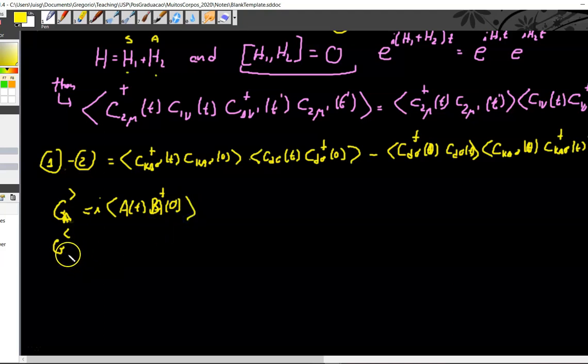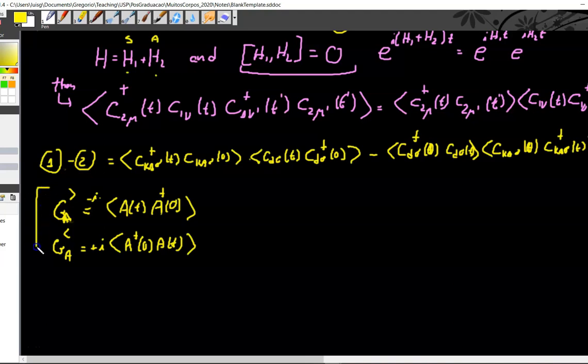And the lesser Green's function for an operator A is plus i, expected value of, the other way around, A dagger at 0, A at T.